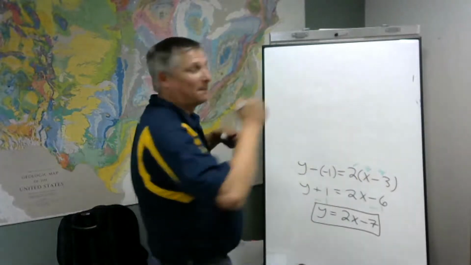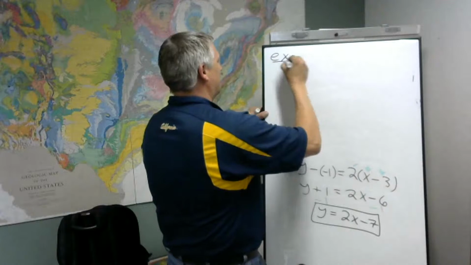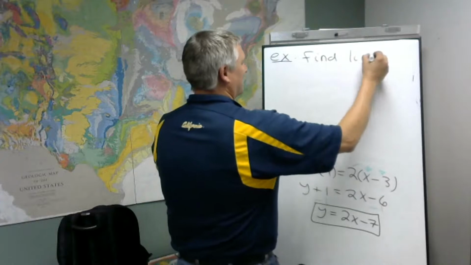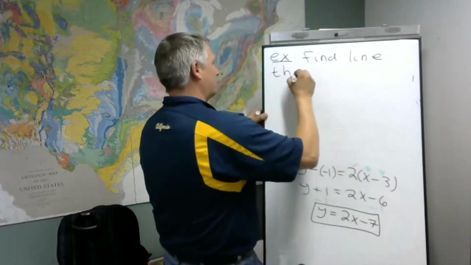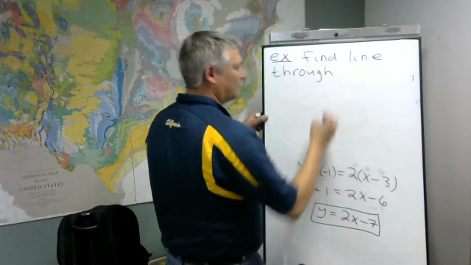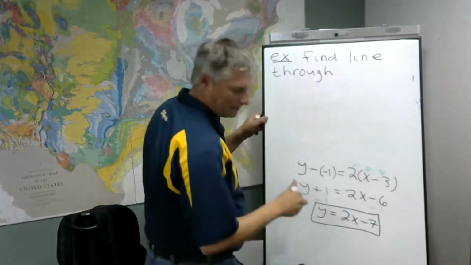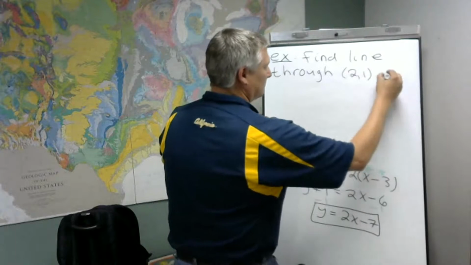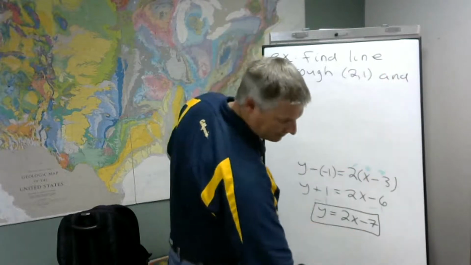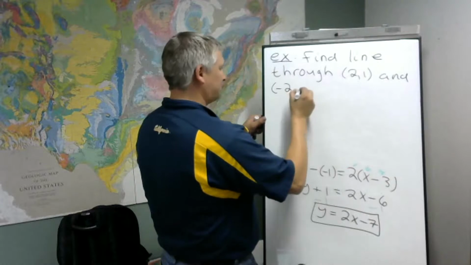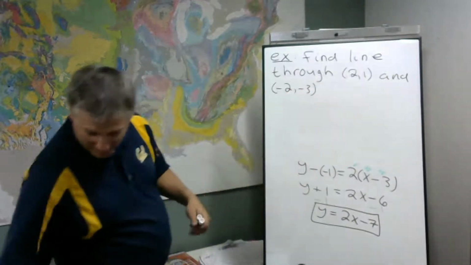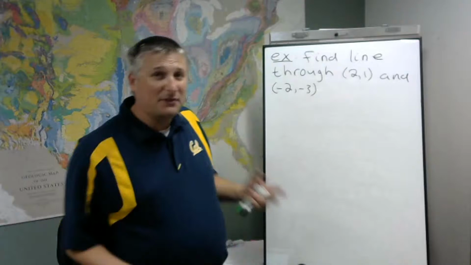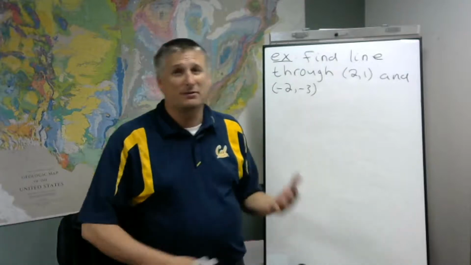Let's say we were asked to do this. Now, in this case, we're given 2 points and we're not given a slope.